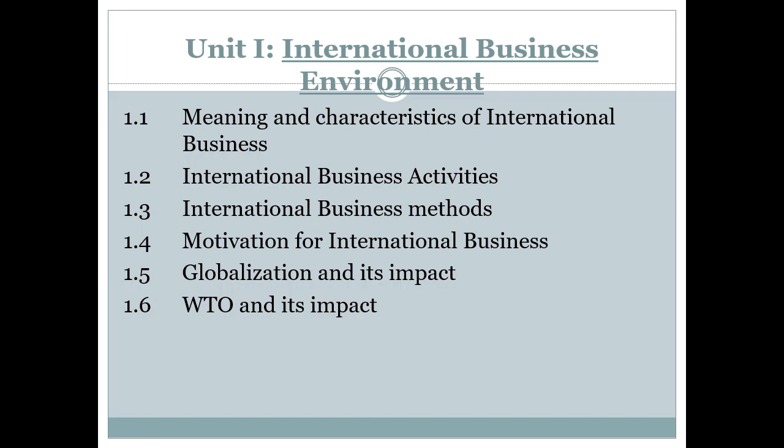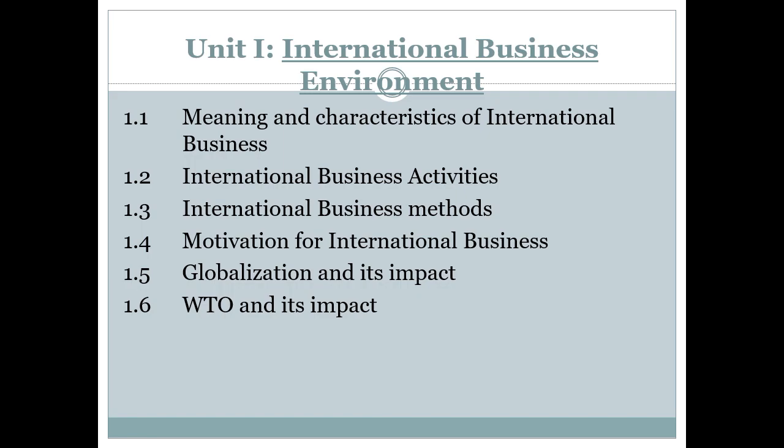Then we will see the characteristics of international business. The synonym of characteristics is features. Here in this content, we will see what international business is, what it means, and what things are included in international business.